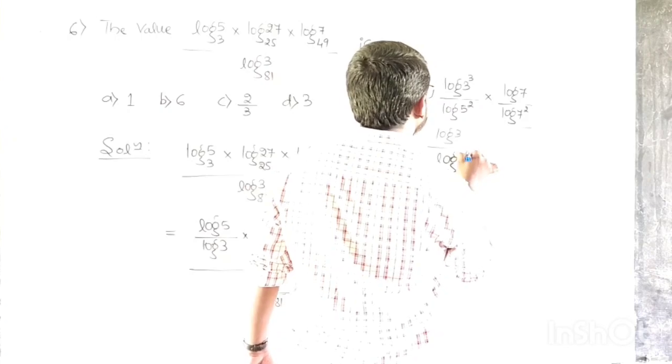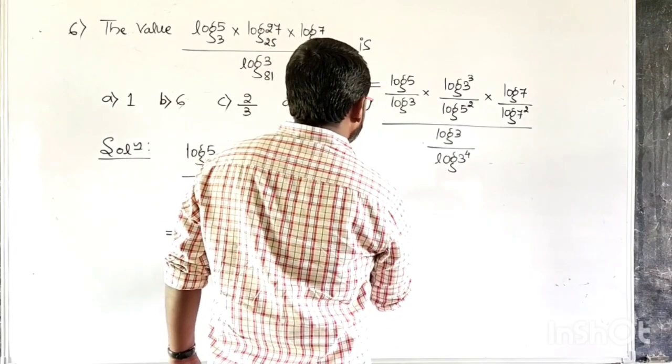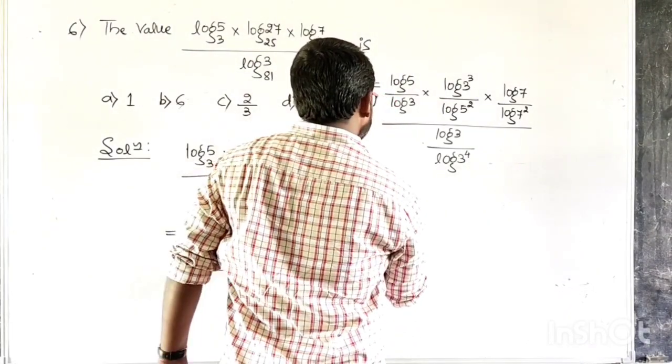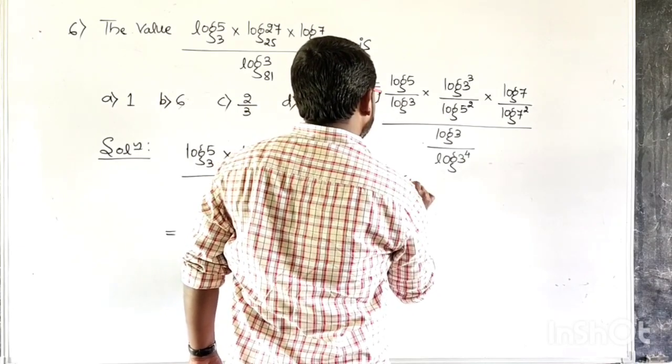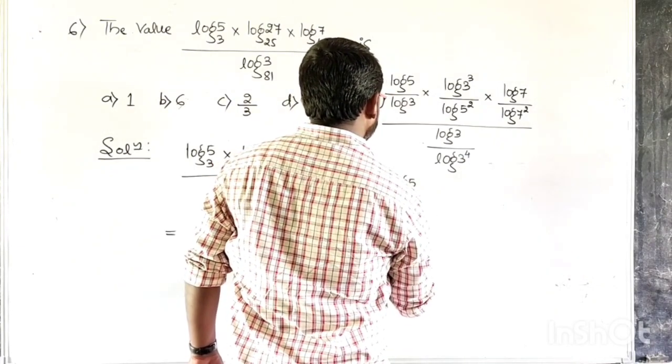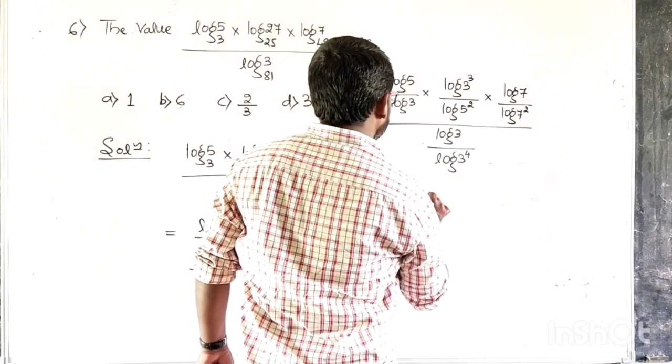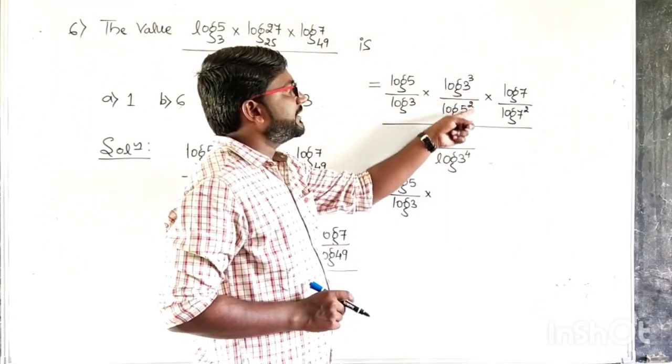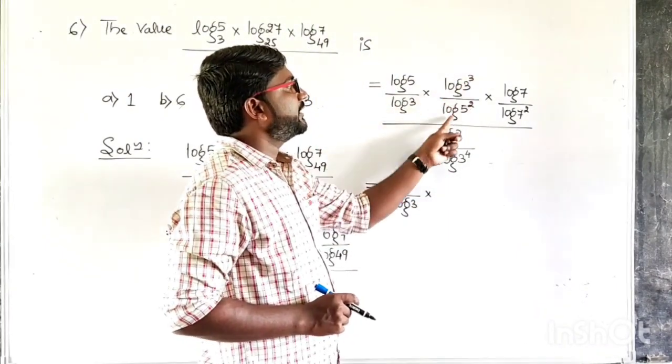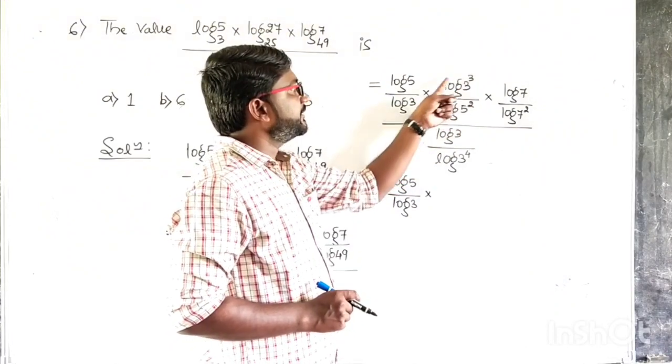So now again I write these two as it is, log 5 divided by log 3. Then these are in the form of log x to the power n, so n comes in the beginning.